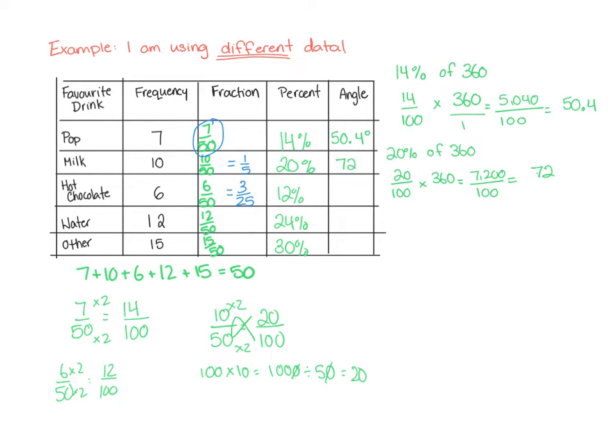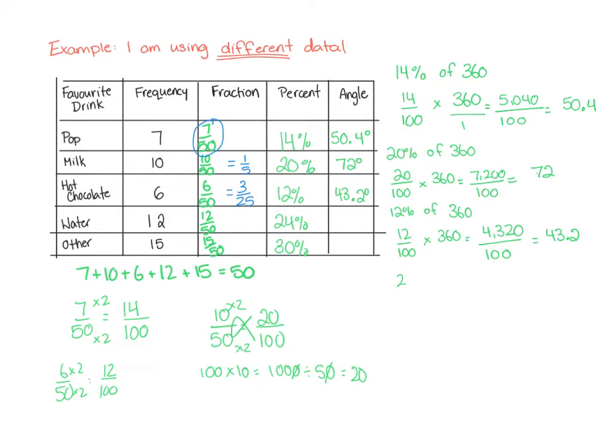So milk is 72 degrees. 12% of 360 is going to become 12 out of 100 times 360, and 12 times 360 is 4,320 out of 100, which simplifies to 43.2.